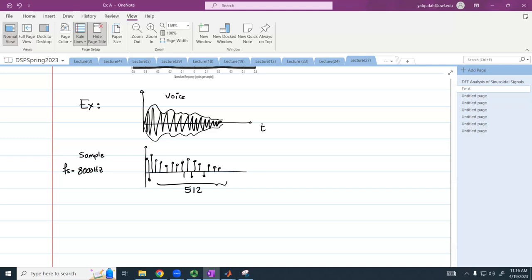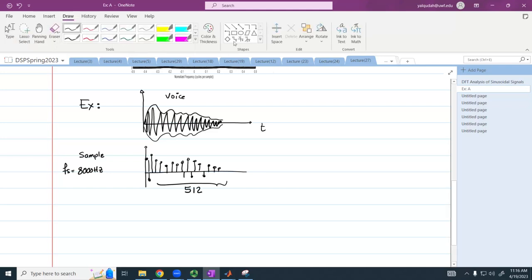So when I use MATLAB and ask it to plot the spectrum for this signal, MATLAB is going to plot something like this for me. This is the FFT of MATLAB with the shift. It's going to plot a spectrum that looks something like this.